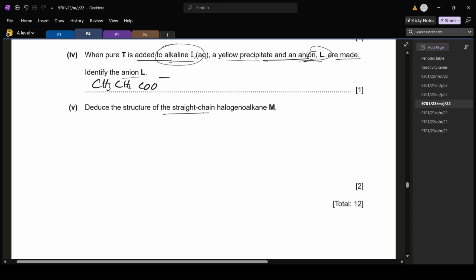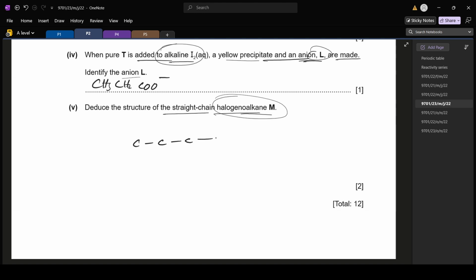Deduce the structure of the straight chain halogenoalkane M. So M has a structure like this. It has a methyl group attached to it, so it must be like this.